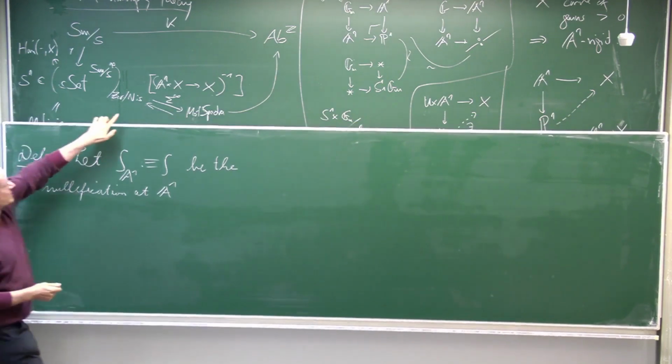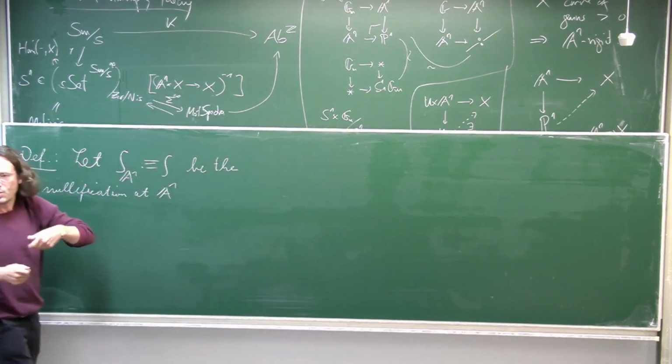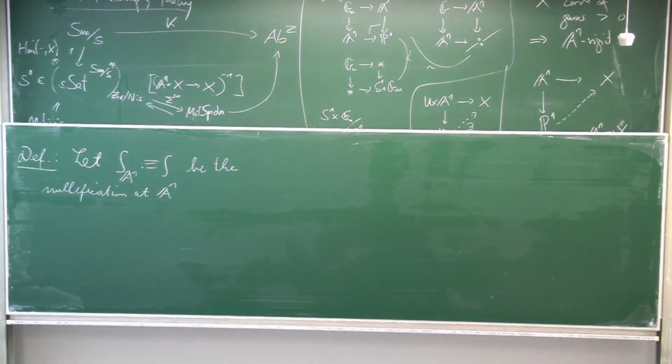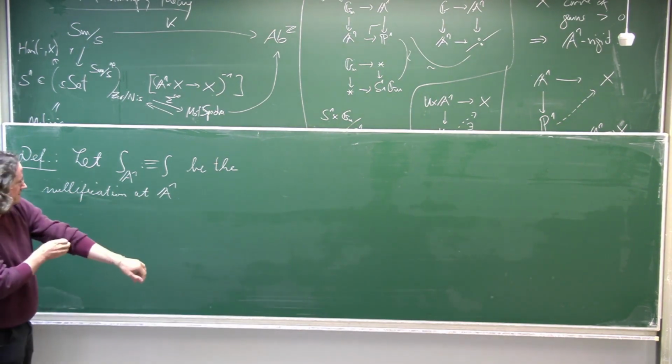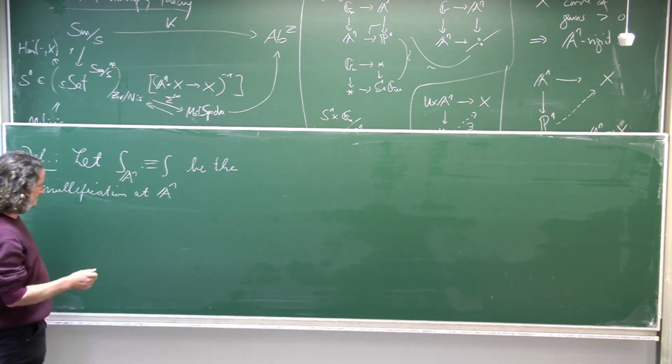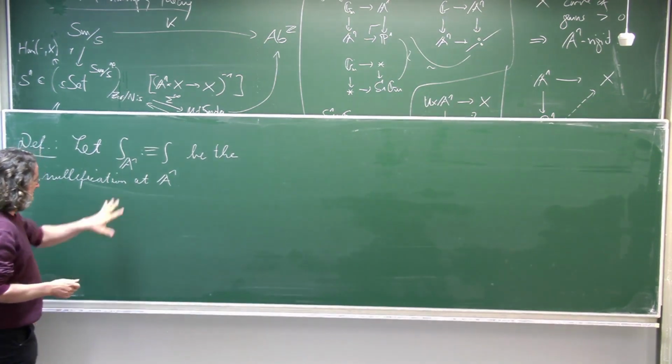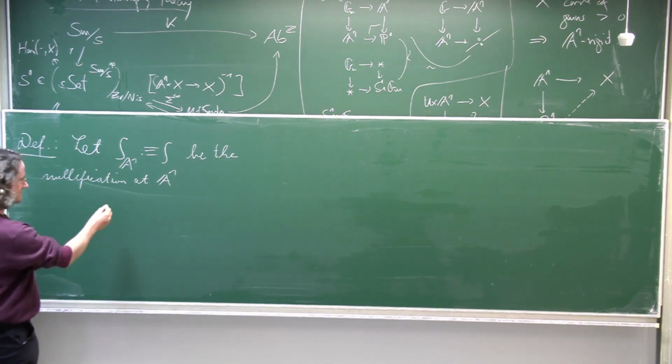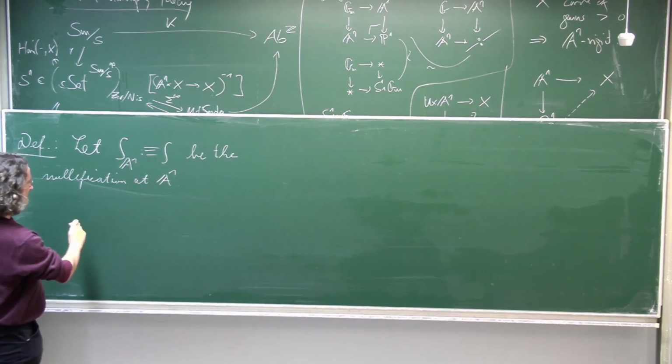You might wonder about this. Here we take more maps which we invert, but this happens automatically since modalities preserve products. So yeah, this part is slightly simpler.